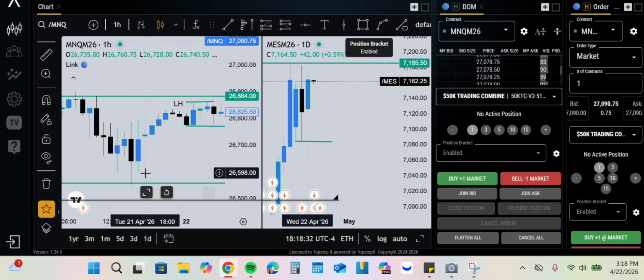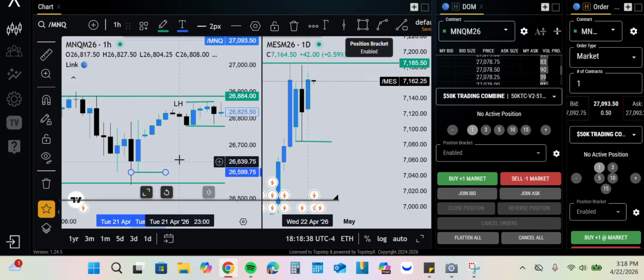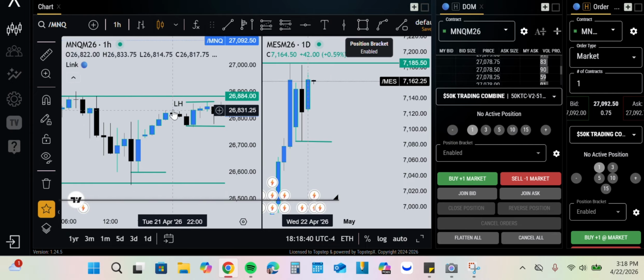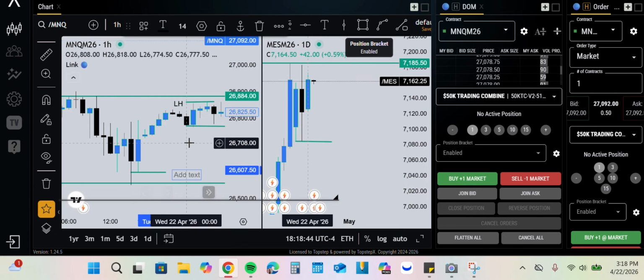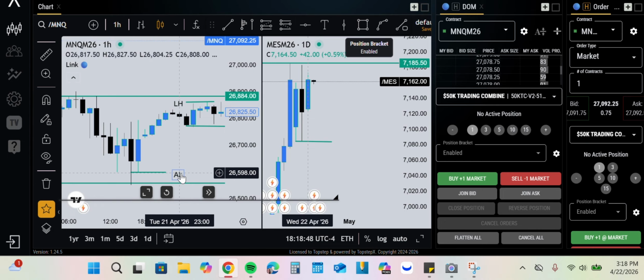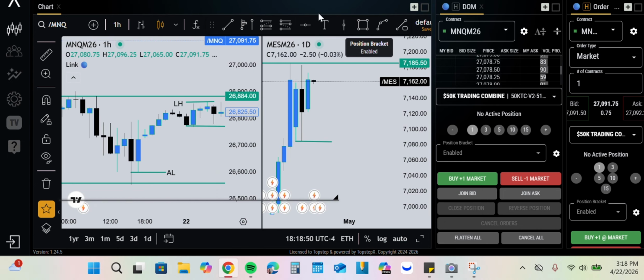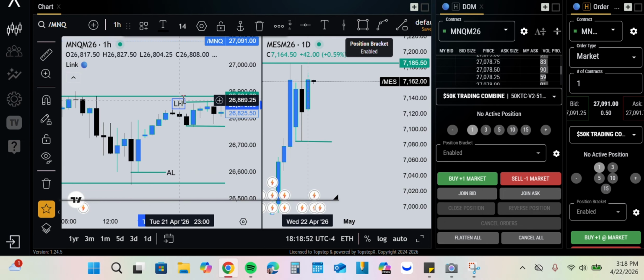So obviously the low is going to be right here, and the high is actually the same as the London high in this case. So I'm going to mark out Asia low right here, and this is also Asia high.